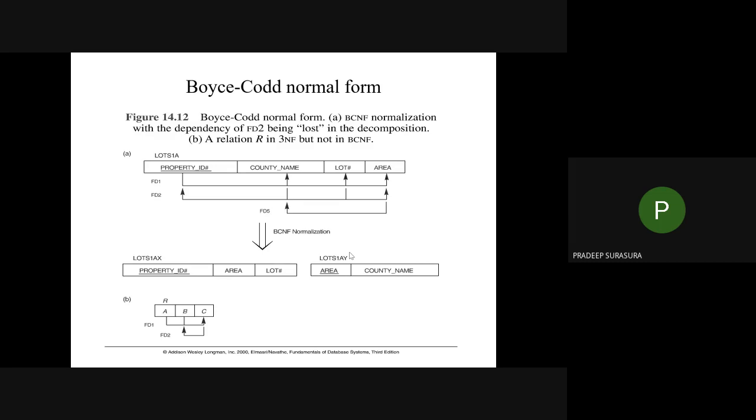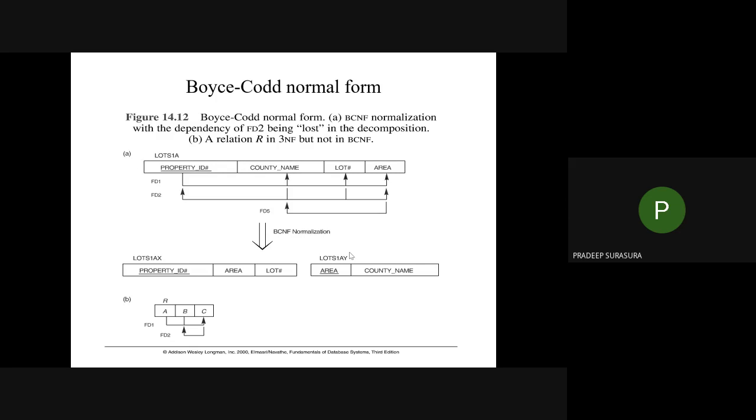But according to Boyce-Codd normal form, area should be a primary key. See, the FD is area determining country name, so area must be the primary key. The right hand side, whatever it is, must be a non-prime attribute according to Boyce-Codd normal form. So FD5 violates BCNF. But please remember, FD5 satisfies third normal form.